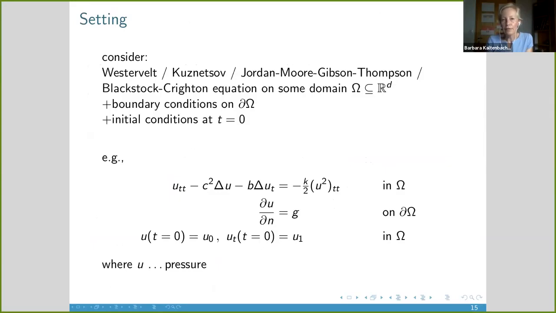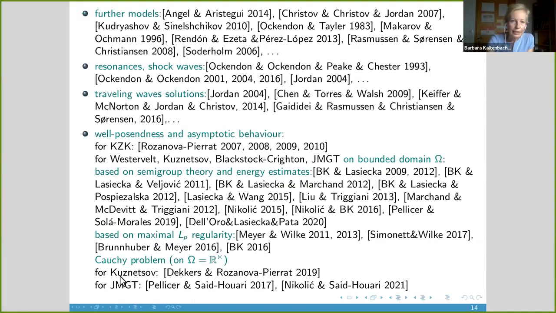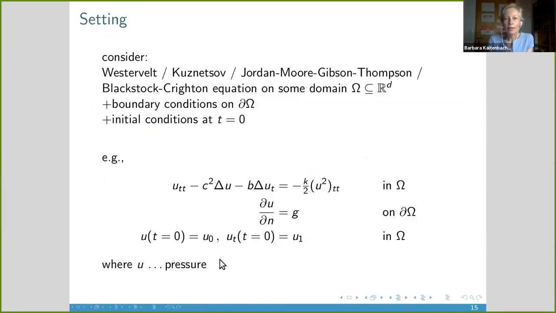So just to give you a flavor of what the analysis of these equations means, if you took a glimpse at the previous slide, there's also work on the Cauchy problem, so on all of R^d, sorry. What we are going to look at here is usually bounded domains with boundary conditions. Later on, we will see special boundary conditions, namely non-reflecting ones.